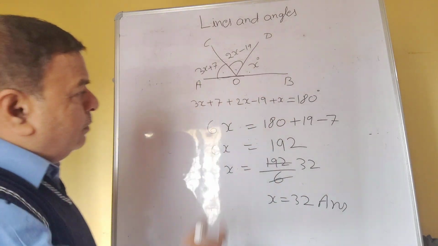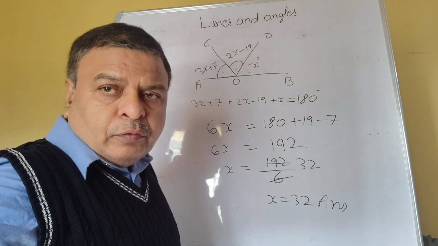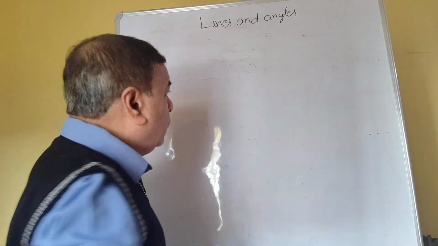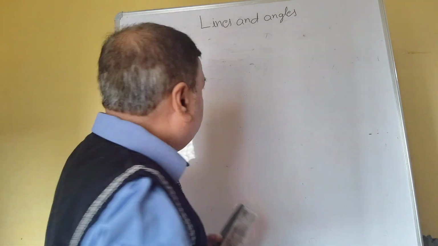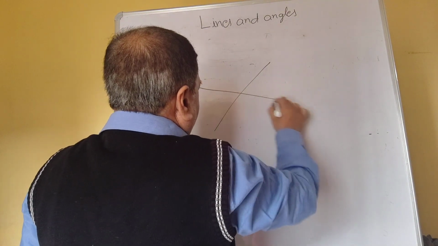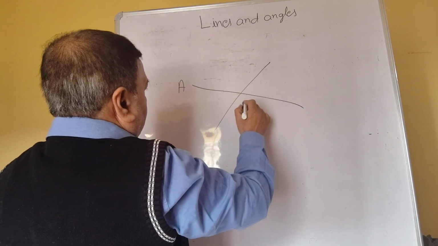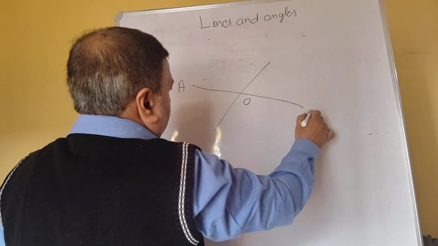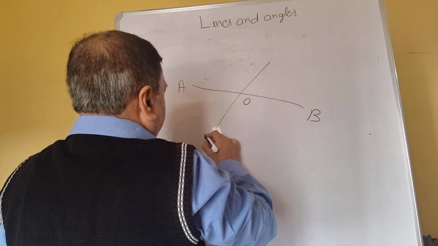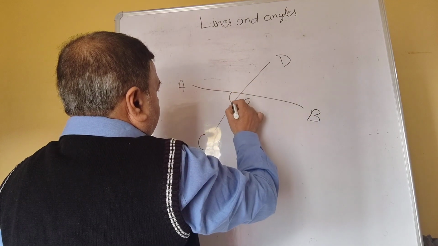This was a very simple question, not very hard. So we'll look at a few more examples. One more very simple question: suppose this straight line is intersected by another straight line. Suppose this is AOB and this is COD, and suppose this angle is 40 degree.